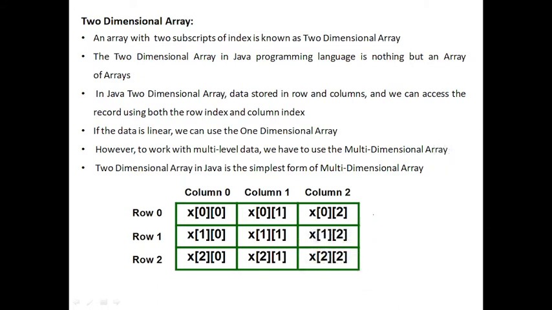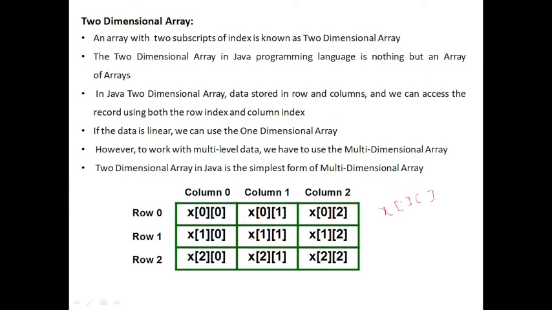The size of this array: first, the name of the array is x. We know that a 2D array contains two subscripts of indexes, this one and this one. In the first subscript of index you have to write the number of rows. How many rows are there? 1, 2, 3, right?